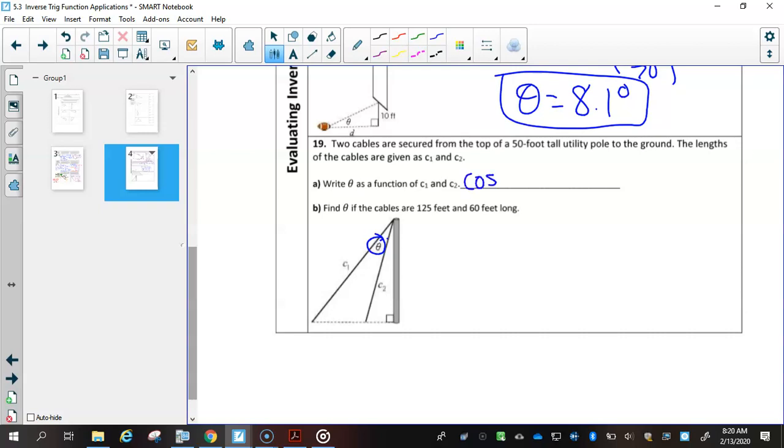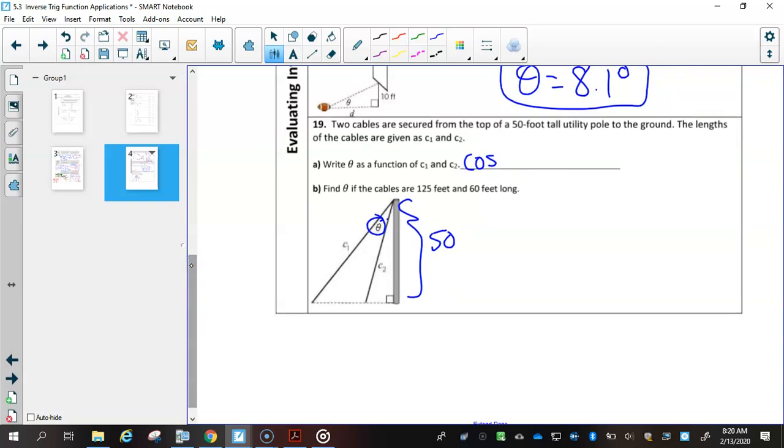Right now, I know that this is 50 feet tall. From this line, if I was looking for theta, I will be given C1 and C2 later. Think of those as your hypotenuses.